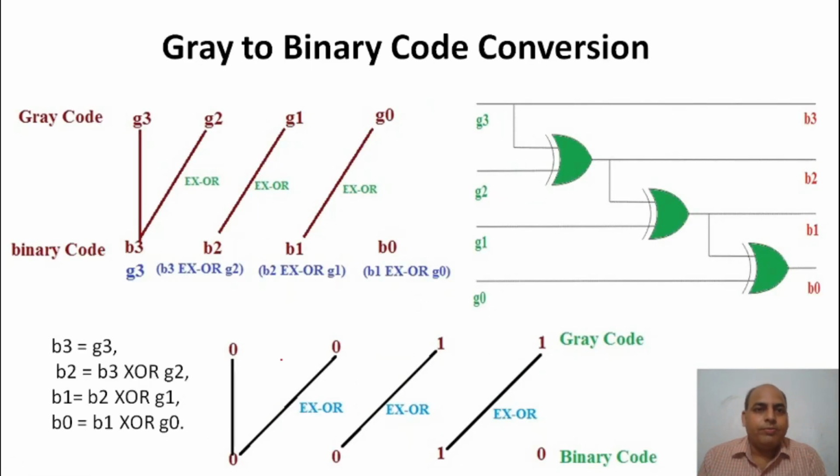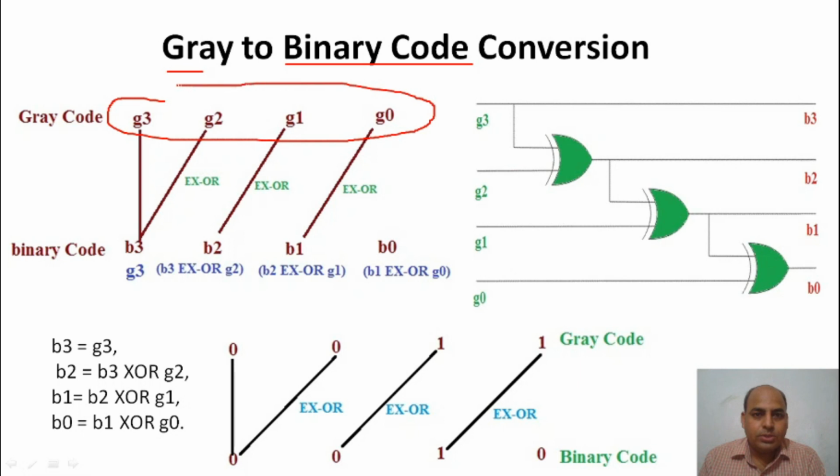In the reverse case, if we have a gray code and want to convert it into a binary code, then there is a slight difference. Suppose we have a gray code G3 G2 G1 G0. Then the MSB is written as it is, G3 converted as B3. Now B3 and the second digit G2 undergo the XOR operation and are written as B2.